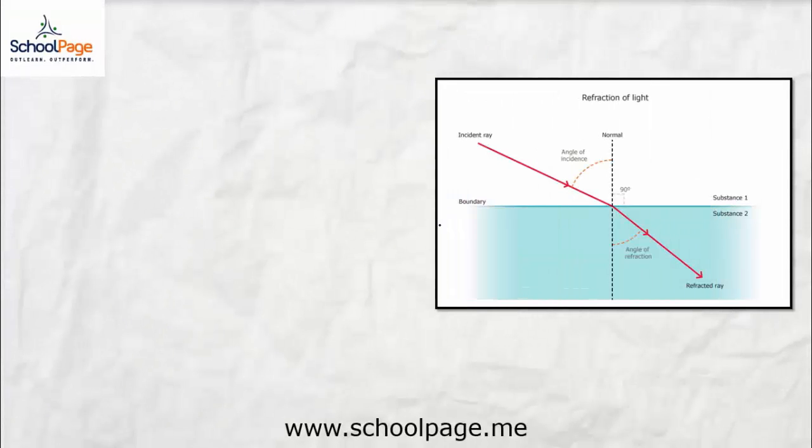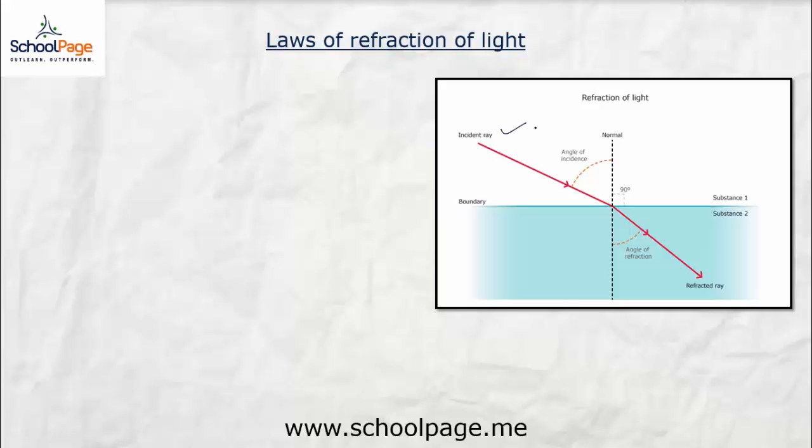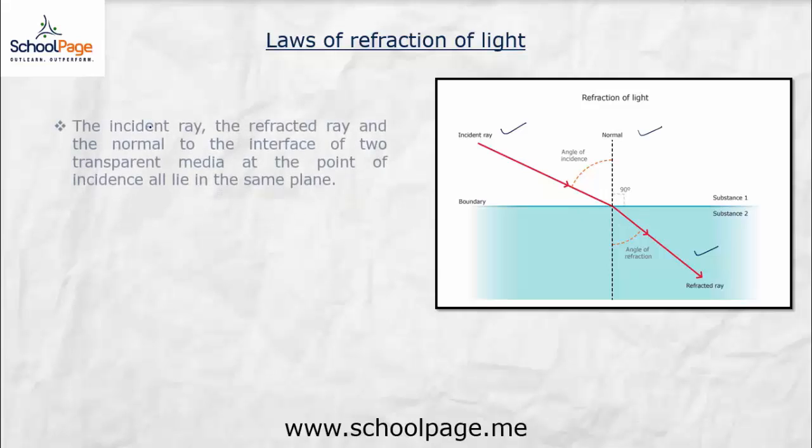The refraction of light on going from one medium to another takes place according to two laws, which are known as laws of refraction of light. According to the first law, the incident ray, the refracted ray, and the normal to the interface of two transparent media at the point of incidence all lie in the same plane. So this is the first law.